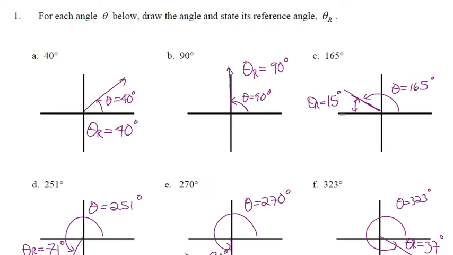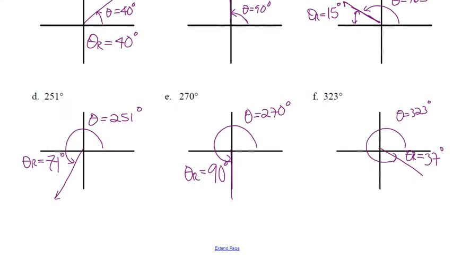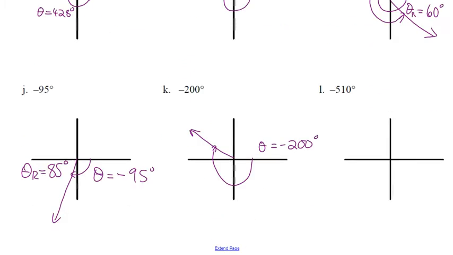Make sure I got arrows on them. And negative 510. Okay, once you finish drawing them, we'll do the reference angles.